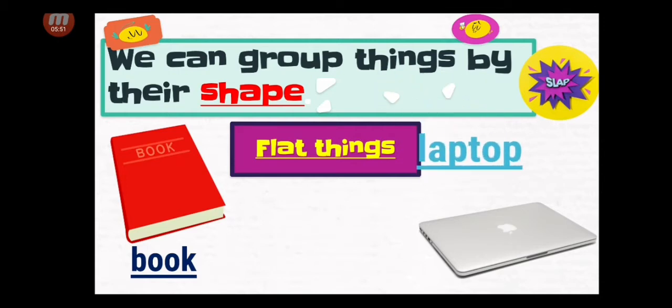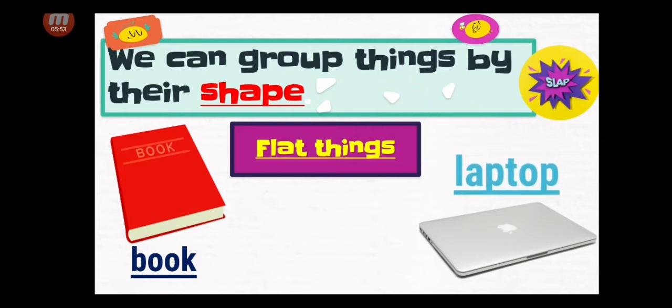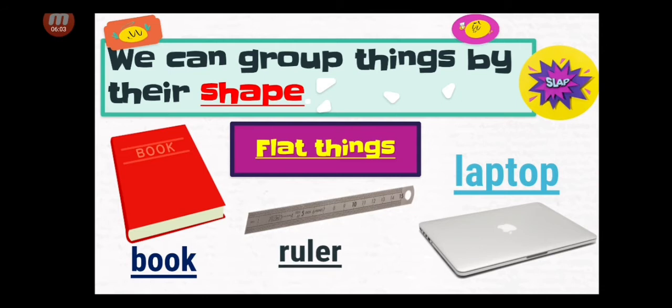It's a laptop, right? A laptop is also an example of a flat thing. And another one here, I know you are so familiar with this. Ruler, yeah. So these are the things that are flat.